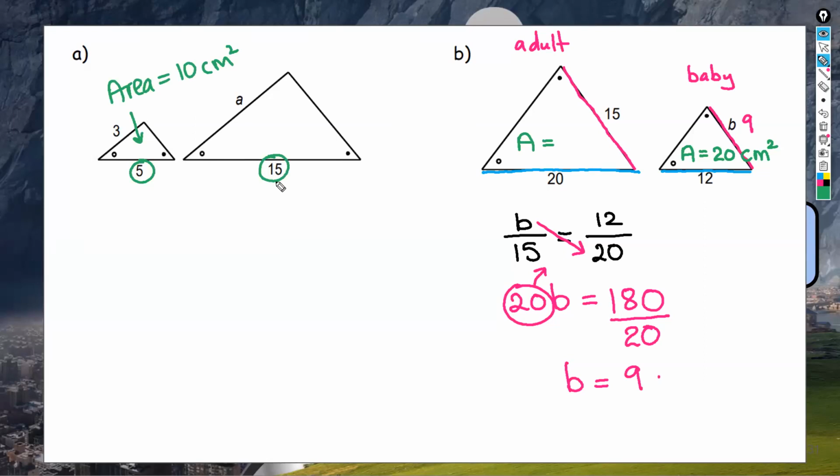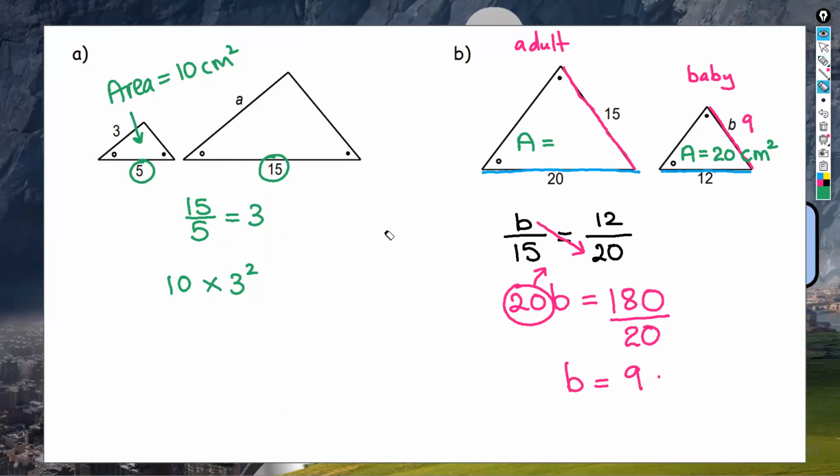Your brain would have said 15 divided by 5 to get 3. And then you would say 10 multiplied by 3 squared, because if the sides got 3 times larger, you have to square that and then multiply it by the area.